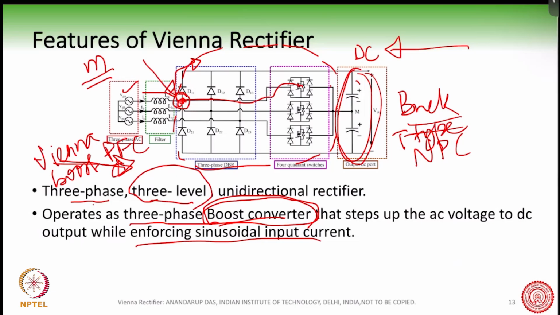Both of them actually lead to the same operation and same circuit, and we have already covered both of them. We have covered boost PFC. We have also covered NPC and T-type NPC, or the 3-phase 2-level voltage source converter. We have covered both of them.